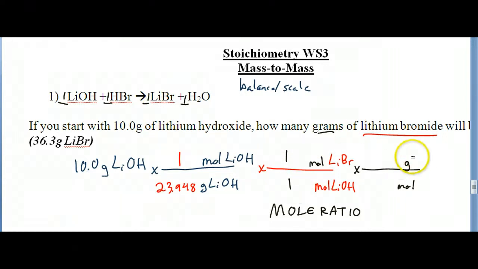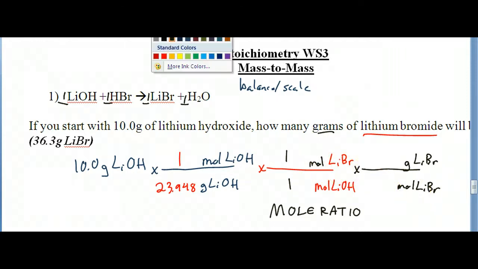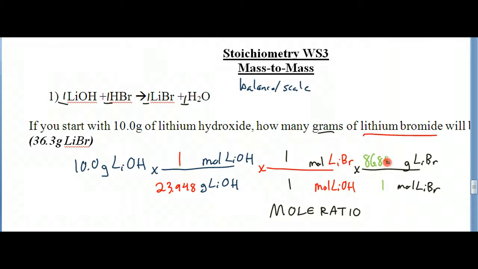Here we're trying to convert to grams. This is something that I can do. Lithium bromide, lithium bromide. X line, drag down the unit. Moles lithium bromide. You can convert moles to grams by using the molar mass, which you find on the periodic table.